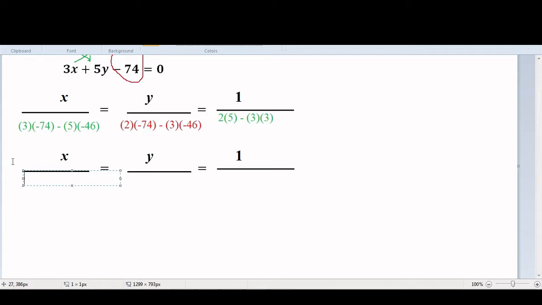Here it will be 3 multiplied with minus 74, so it will become minus 222, minus, now 5 multiplied with minus 46, so it will be minus 230.